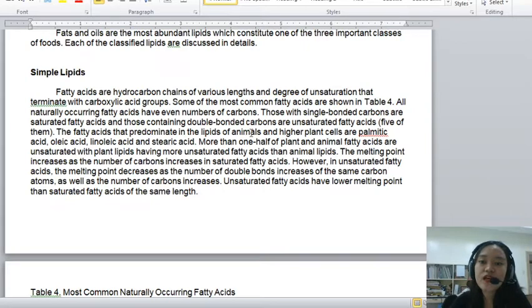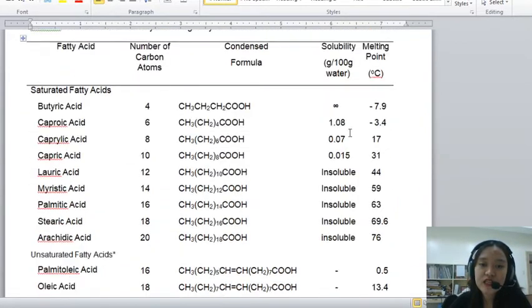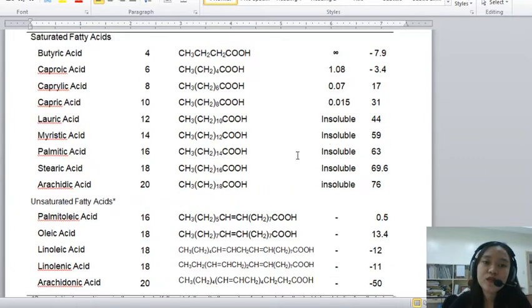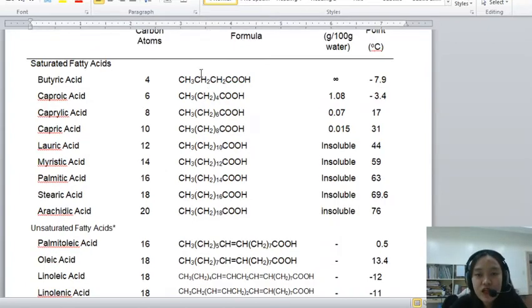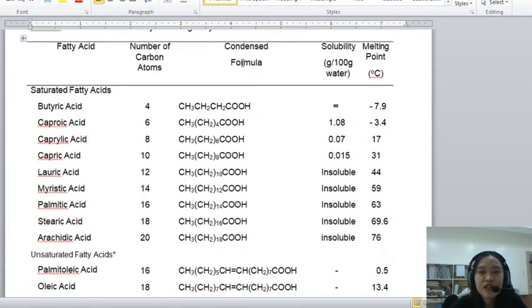Meron kang total of 5 unsaturated fatty acids. So you will know if it is a straight chain if wala siyang double bond, na nakita sa structure niya or sa molecular formula niya or sa condensed formula.